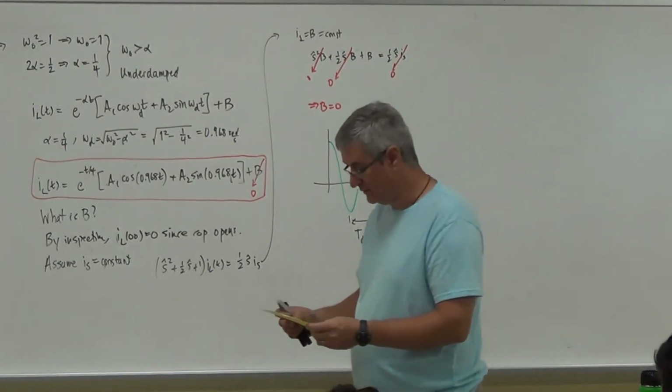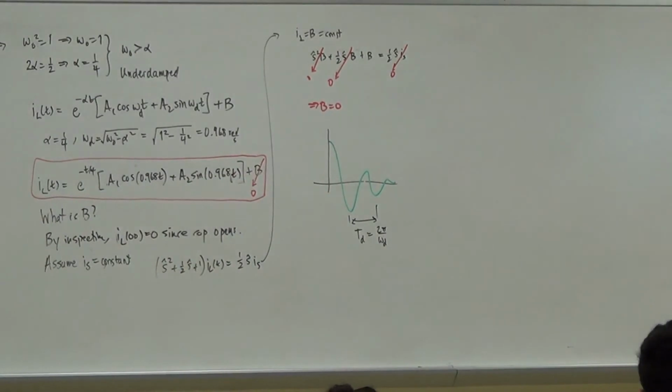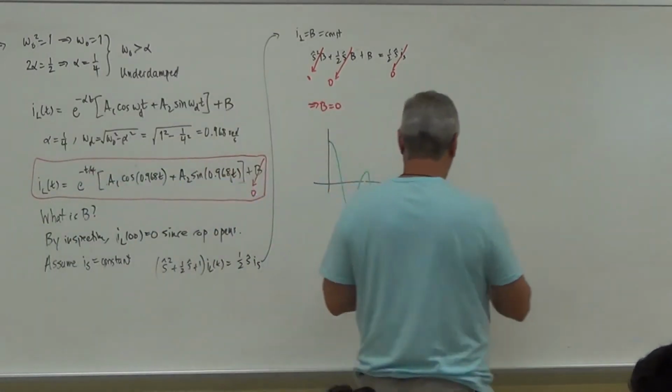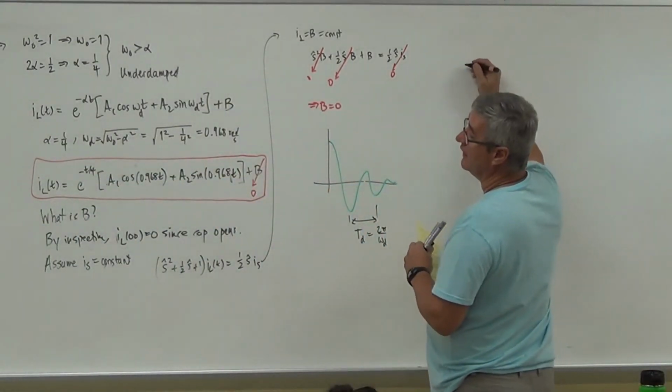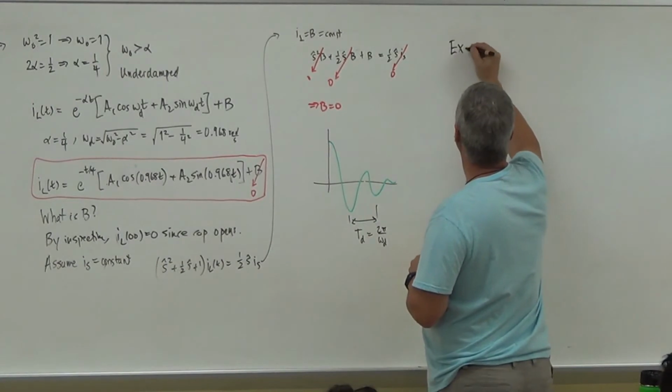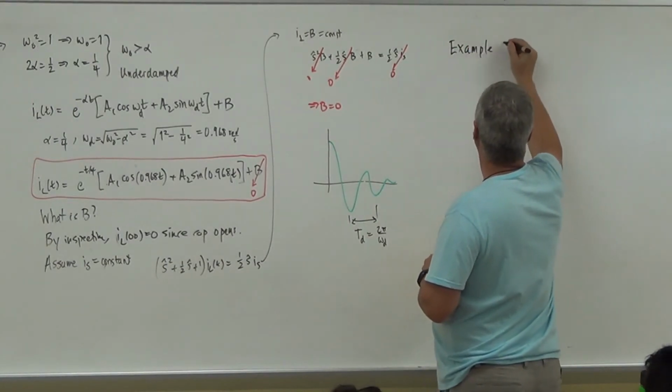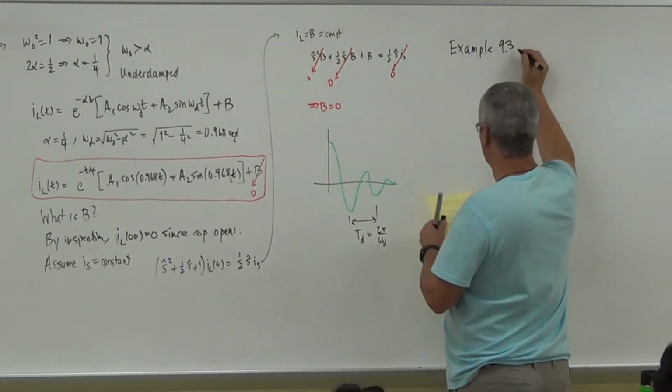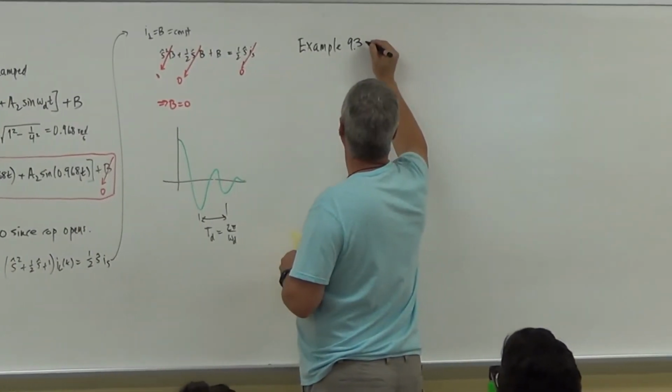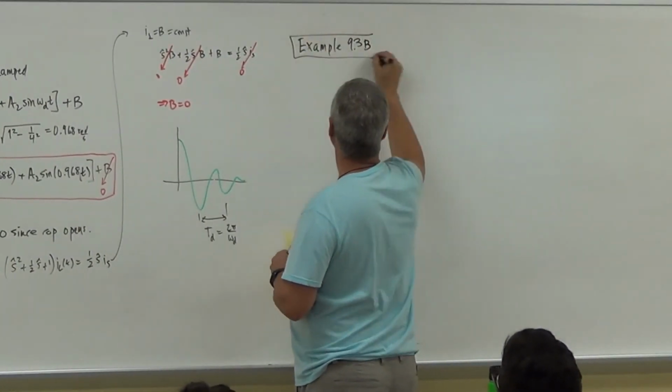So let me make sure I get the right circuit. Okay, here's the next circuit. So now we got what? Example 9.3, what did I call it? B? It's the second circuit.